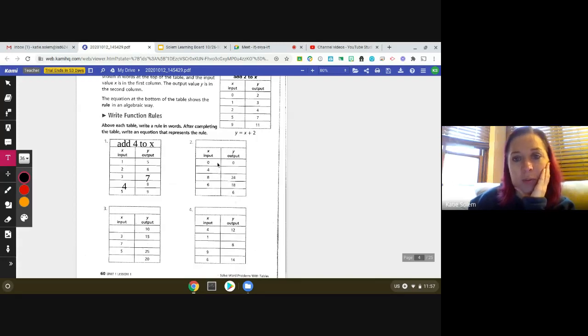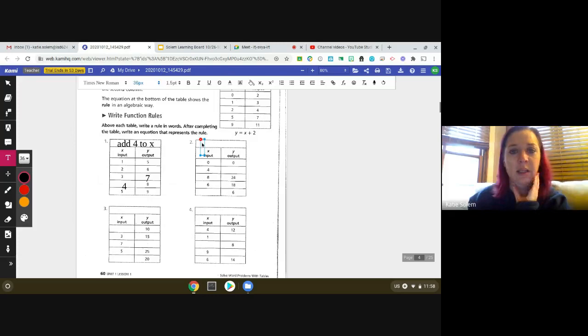Well, I know 0 times anything will be 0. 8 times what equals 24? Well, 8, 16, 24, so times 3. 6 times what equals 18? 6, 12, 18, 3. So our rule is to multiply x by 3, or times 3 would be the rule.